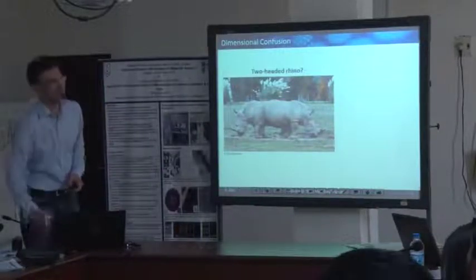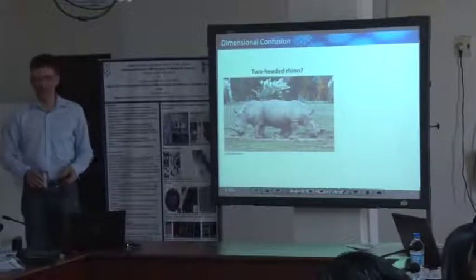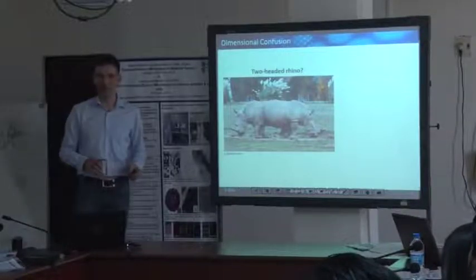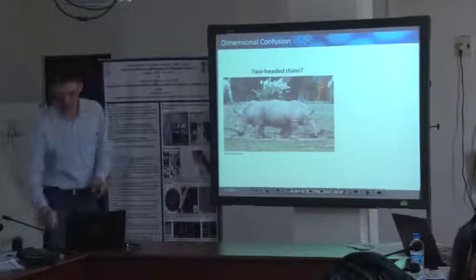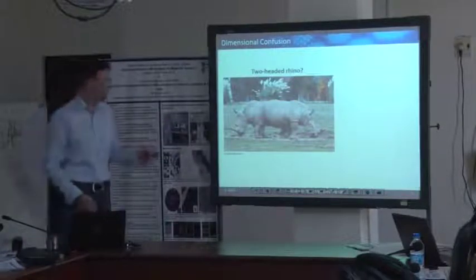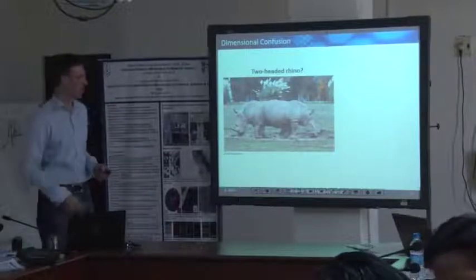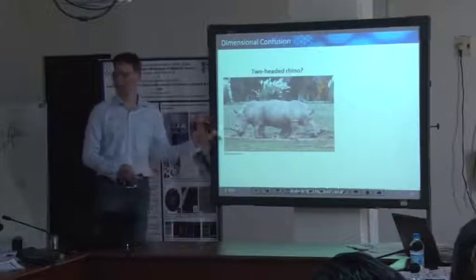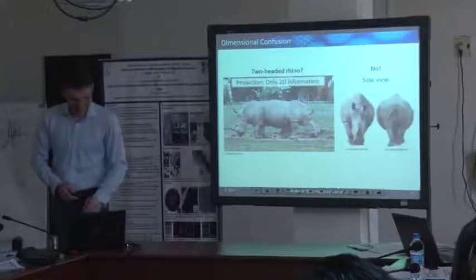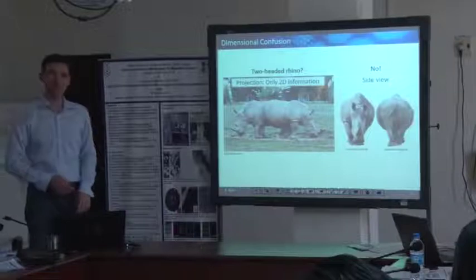But the explanation is pretty simple, because it's definitely not a rhino with 2 heads, because otherwise, digestion might be a little bit challenging. So let's see how it looks from the side.